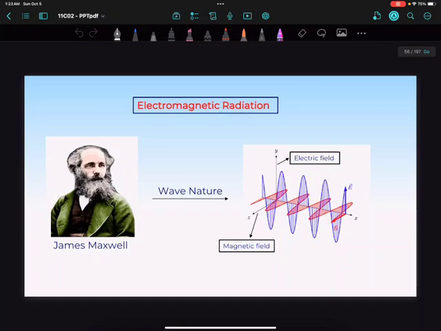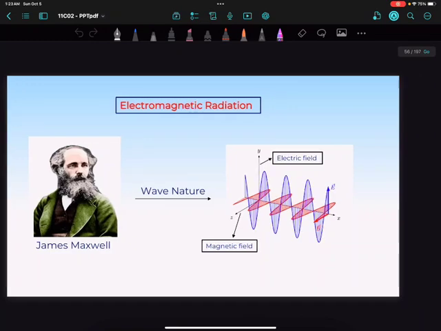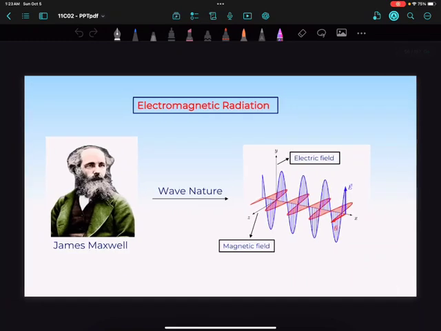Now, electromagnetic radiation was given by James Maxwell. He said that when there is a propagation of electromagnetic radiation, we can feel the presence of an electric field and a magnetic field. Both are present at 90 degrees.